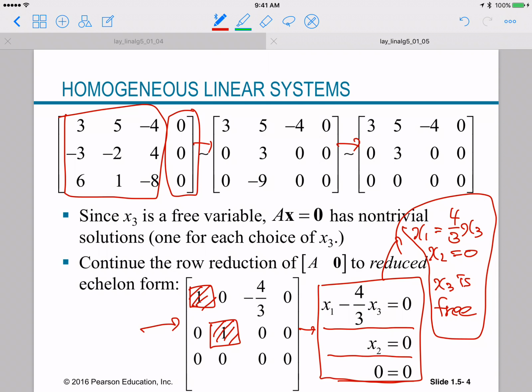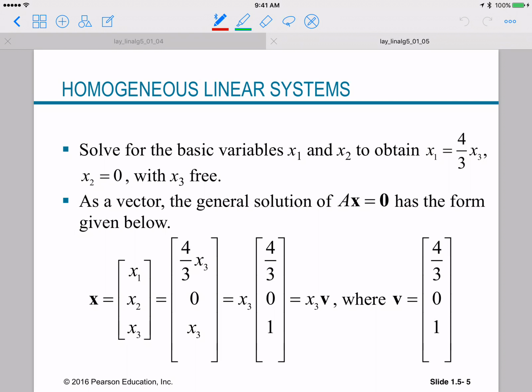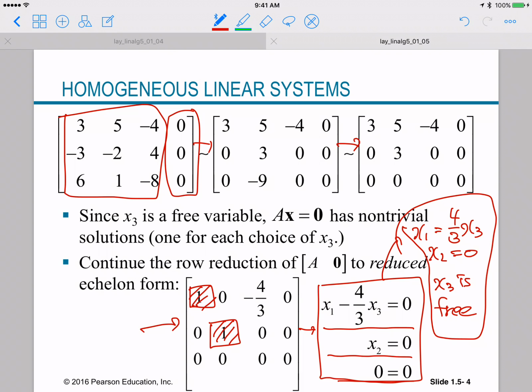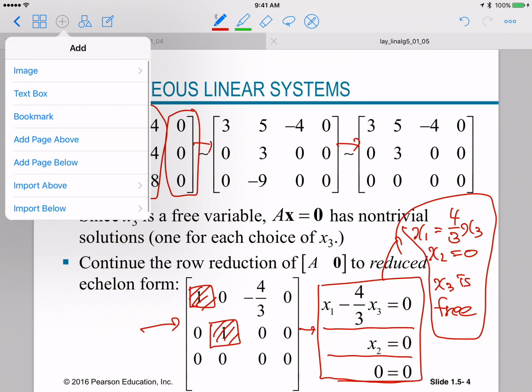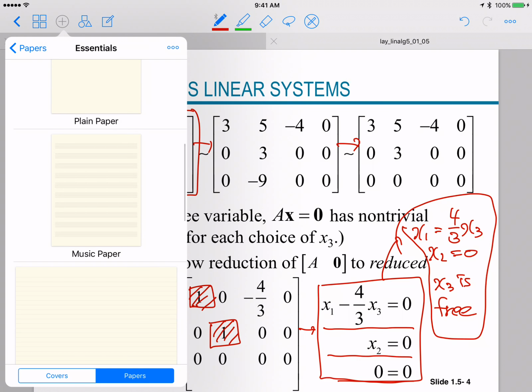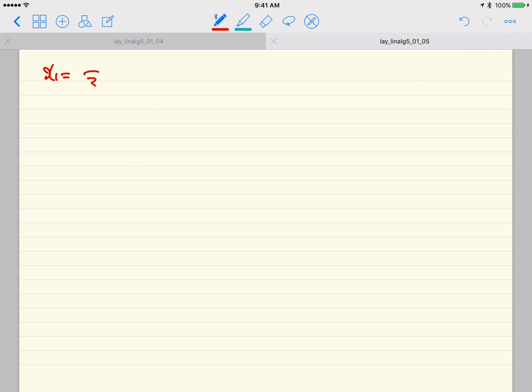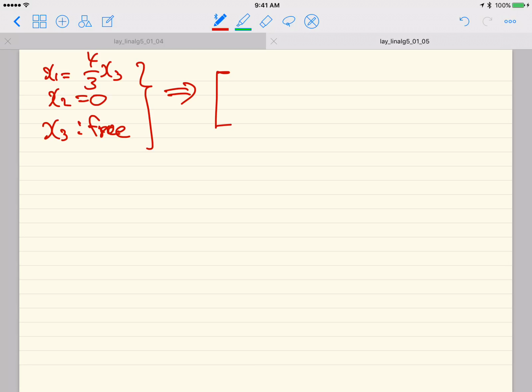Okay, and we now learn one more trick. Just one more trick from here. That trick is this. I'm just rewriting. For this solution set, we can now represent it as a vector of x1, x2, and x3.